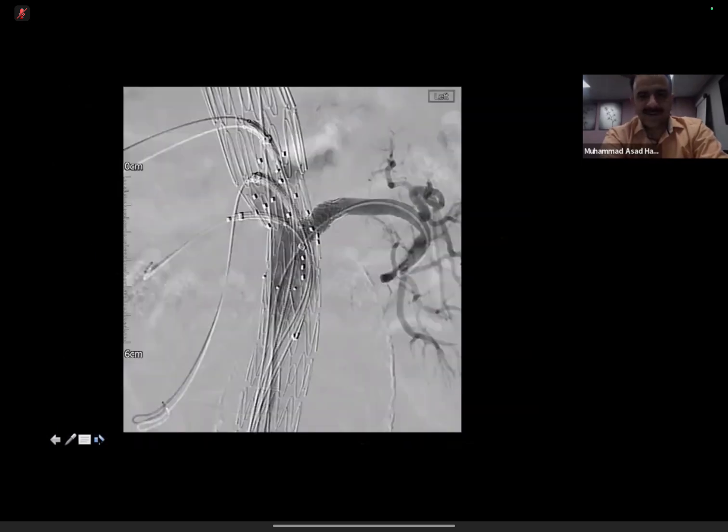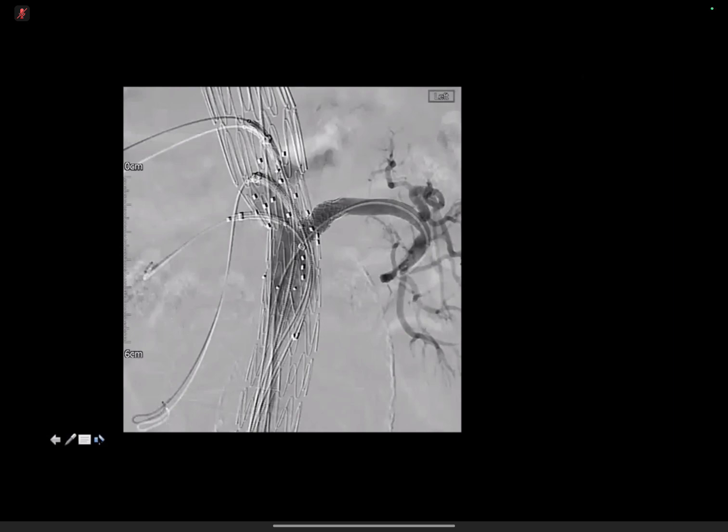Okay. What do you think is happening here? So this is a direct angiogram, which shows the stent in position and the stent on the, I think, within the SMA.